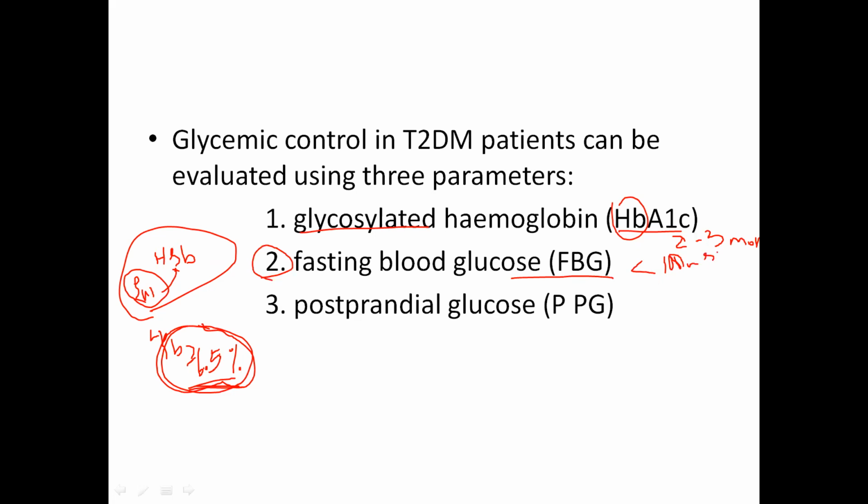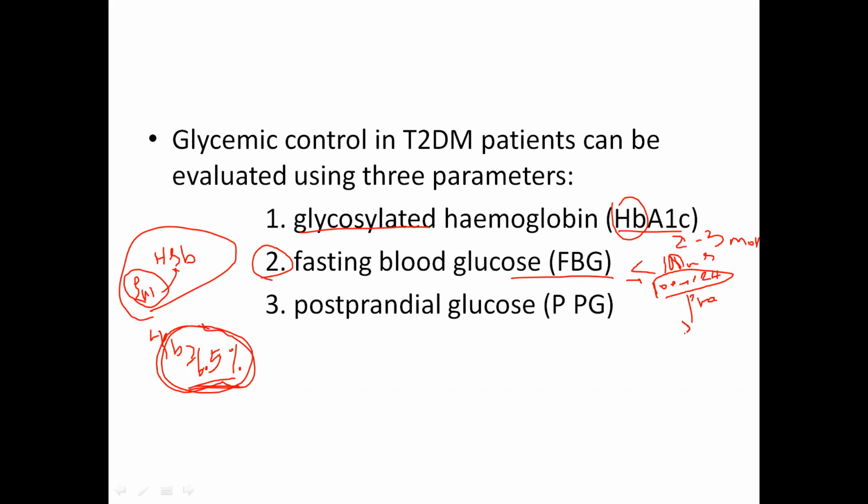If it is 100 up to and including 124 milligram per deciliter, this is the pre-diabetes range.